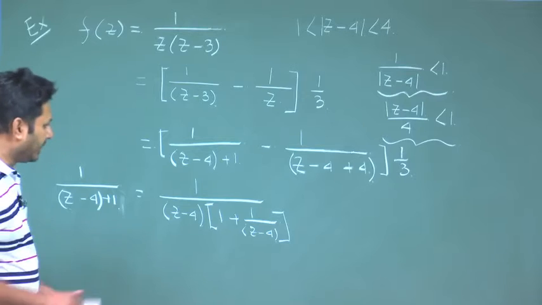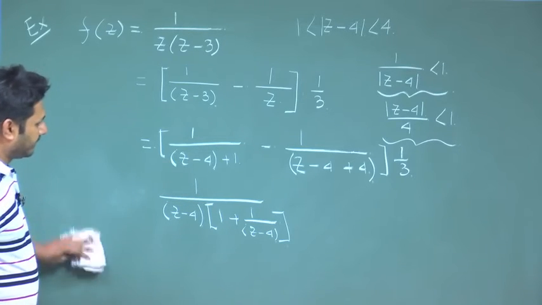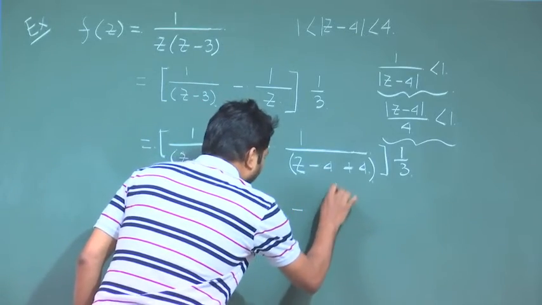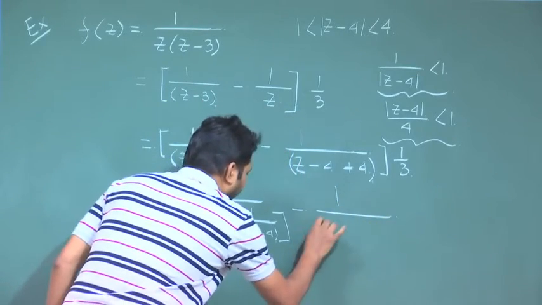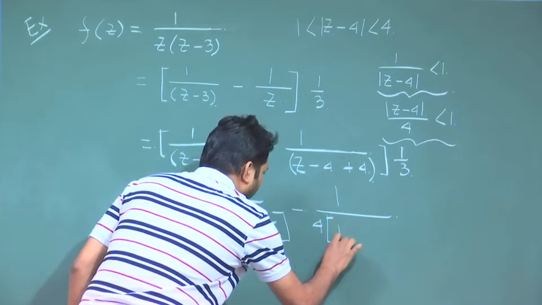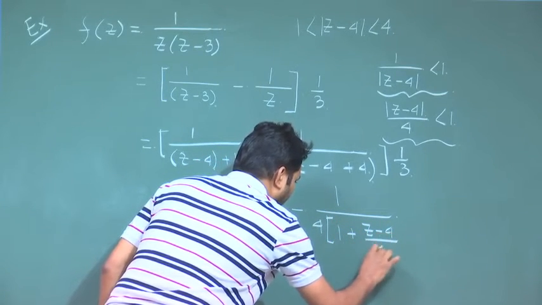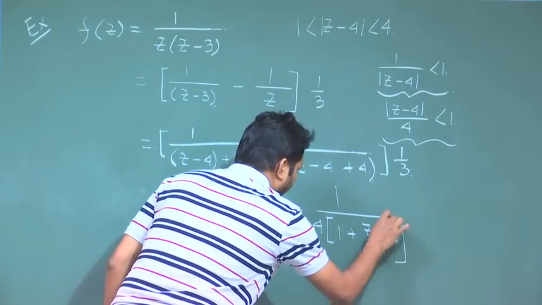In a similar way, on the right hand side, if I take 4 common, minus 1 divided by, if I take 4 common, then it will be 1 plus (z minus 4) divided by 4.